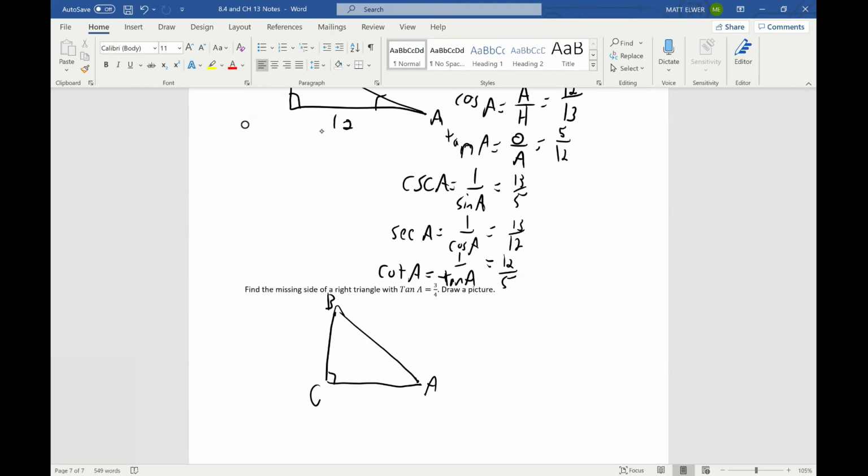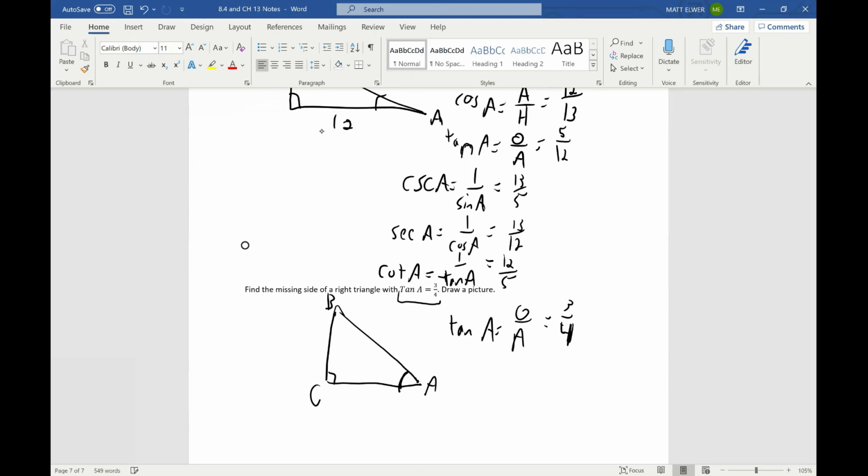So we know that angle A is what we're going to be focused on, because we have the tangent of A equals 3 over 4. Remember that the tangent of A is equal to the opposite over adjacent, right? And notice that the tangent of A is 3 over 4.